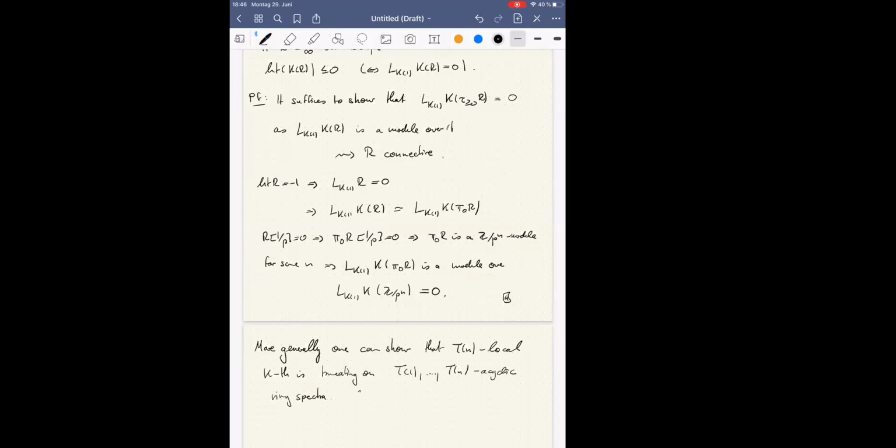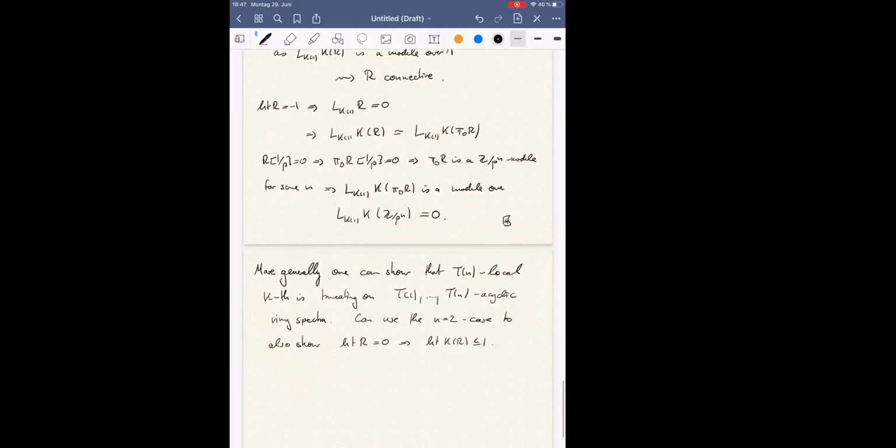And you can use the n equals 2 case to also show that if the height of R is 0, then it follows that the height of K of R is smaller or equal to 1. I don't want to give the details, but it's not very hard from what I just said.